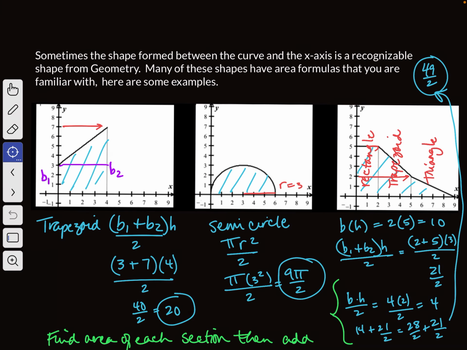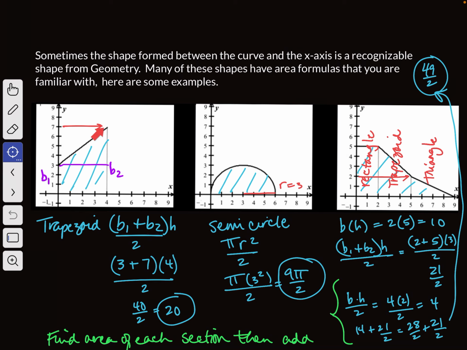Sometimes the shape formed between the curve and the x-axis is a recognizable shape from geometry. Many of these shapes have area formulas that you're familiar with. We've got a trapezoid in this first example. The formula for a trapezoid, and you'll need to learn this one because we'll be doing lots of examples with trapezoids, is you add the two bases, which are always parallel, divided by 2, times the height.